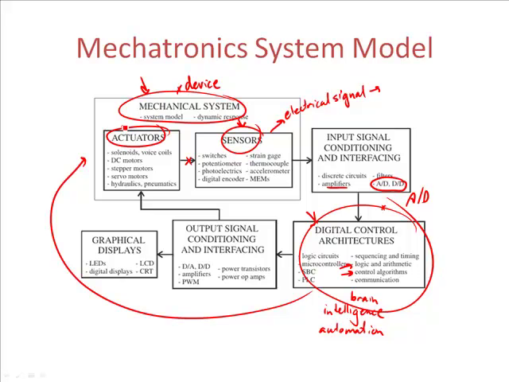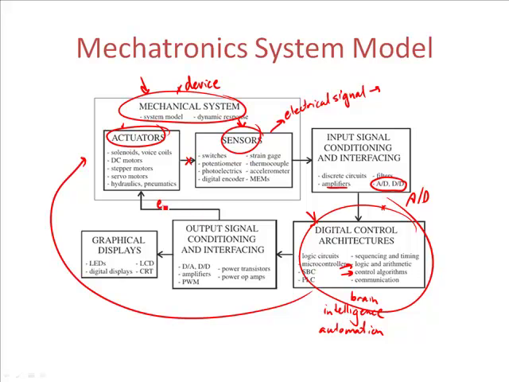We might have a motor that turns a shaft that will change the position of some antenna, for example. We might have a hydraulic piston; when you take your car for repair and they lift it, that's a hydraulic piston that raises it up and down. So there needs to be something that changes the state of the mechanical system, and that is the actuator.